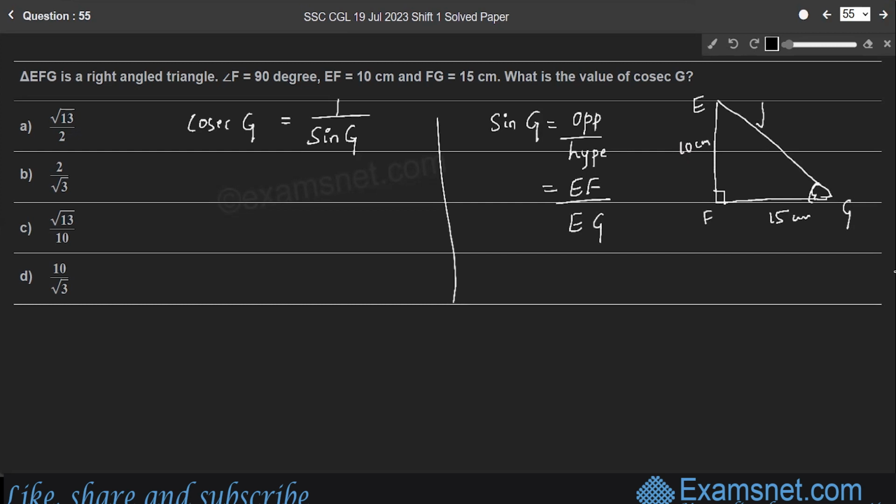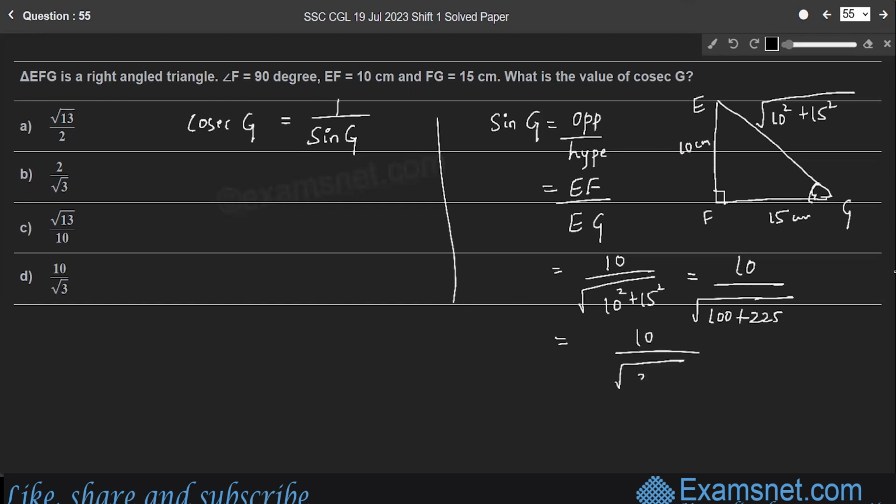Therefore, EG is root of 10 square plus 15 square, so root of 100 plus 225, which is root of 325.